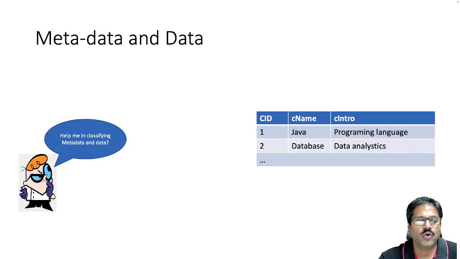I hope you have come to a conclusion about which is metadata and which is data. Anyway, the answer is the first column. The header of this table is called metadata. The body of this table is called data.